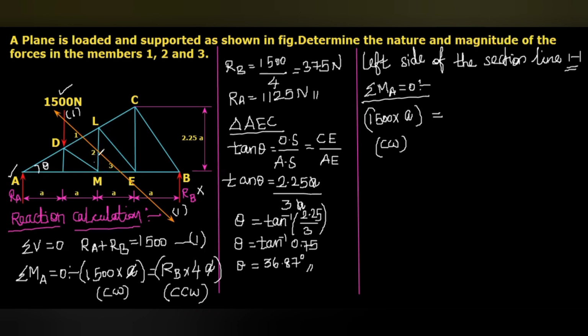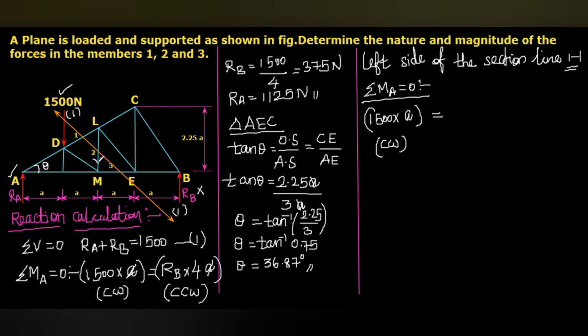It may be upward or downward. For example, if it is downward, then with respect to point A, this F2 multiplied with the perpendicular distance 2A, F2 into 2A, will also be clockwise, which cannot counterbalance the clockwise moment made by the point load 1500 Newton.